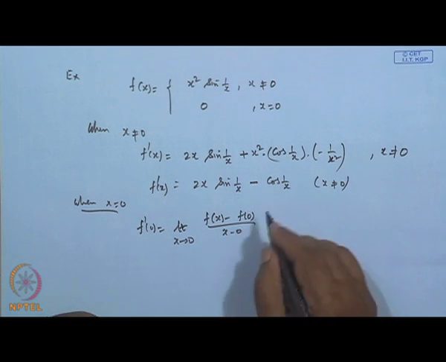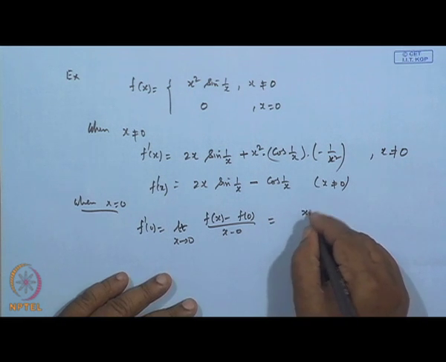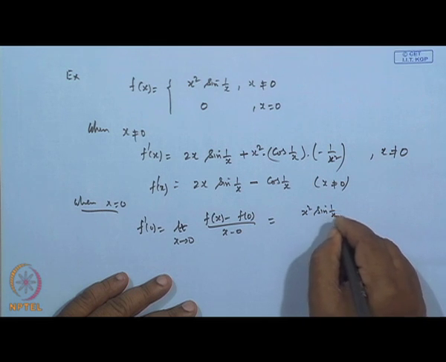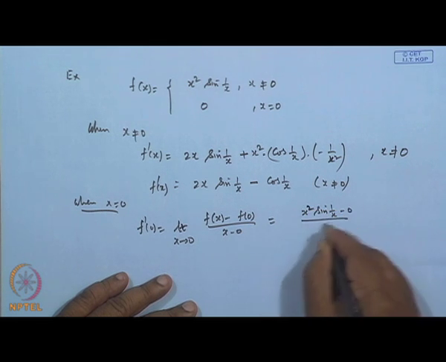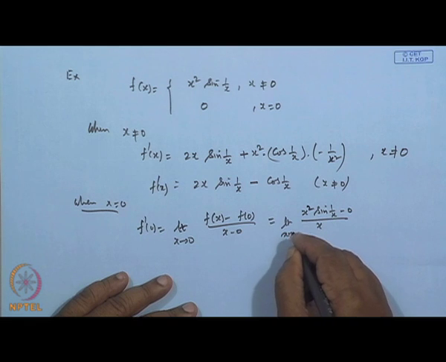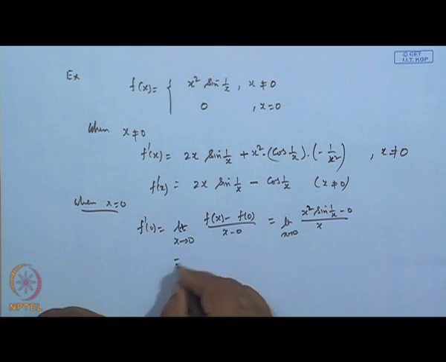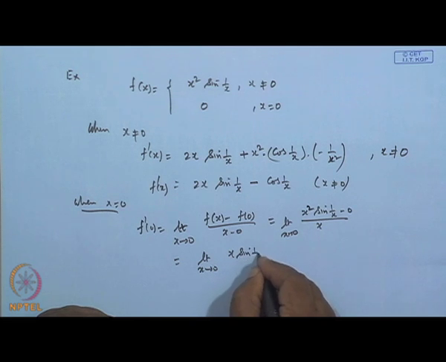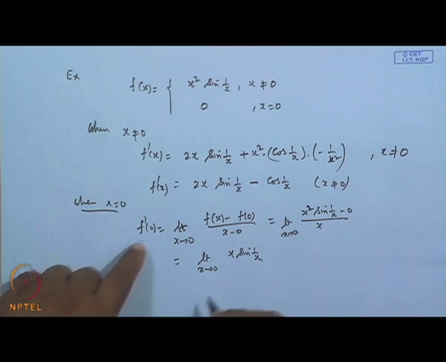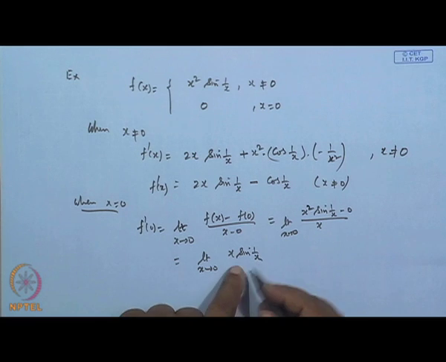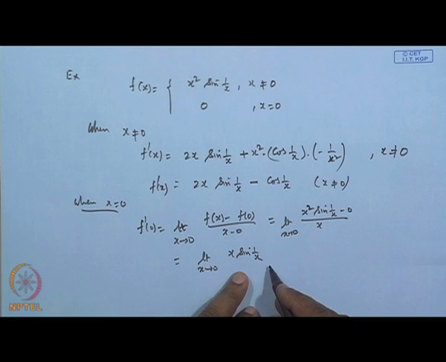And that comes out to be what? f x is x square sin 1 by x minus 0 divided by x, as x tends to 0. So, that is equal to the limit as x tends to 0 of x sin 1 by x. Now, the term x sin 1 by x is always dominated by mod x.